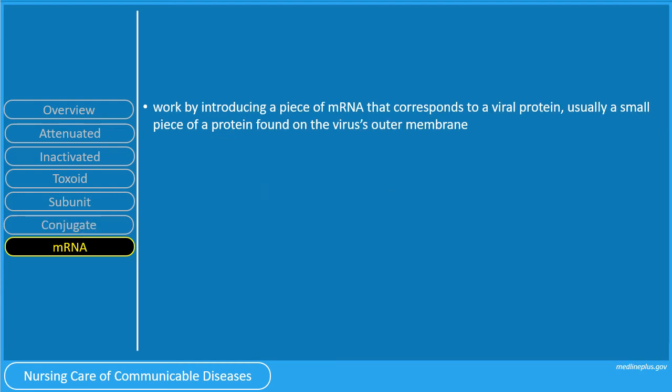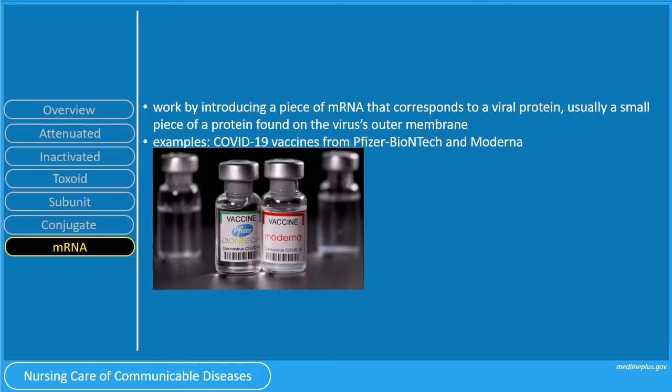With the COVID-19 pandemic, the spotlight was placed on mRNA vaccines. They work by introducing a piece of mRNA that corresponds to a viral protein, usually a small piece of a protein found in the virus's outer membrane. COVID-19 vaccines from Pfizer-BioNTech and Moderna are examples of mRNA vaccines.